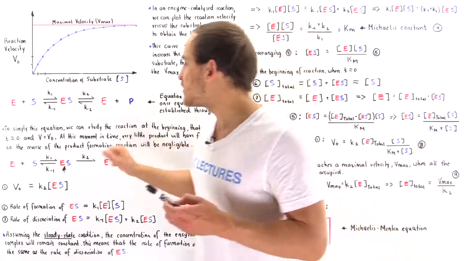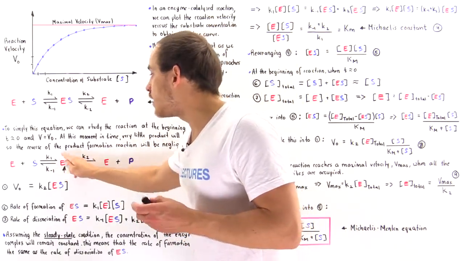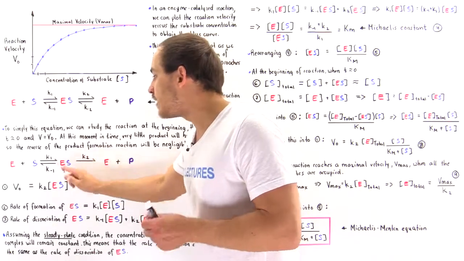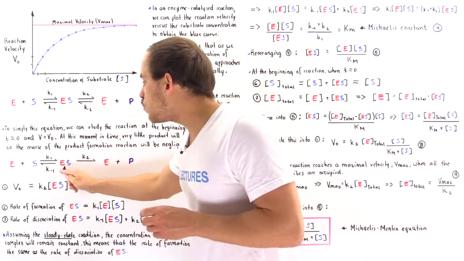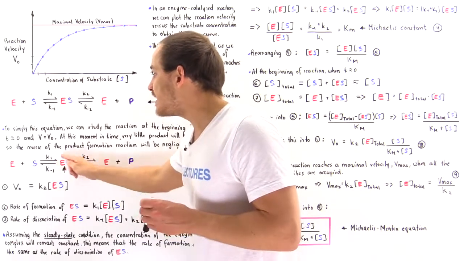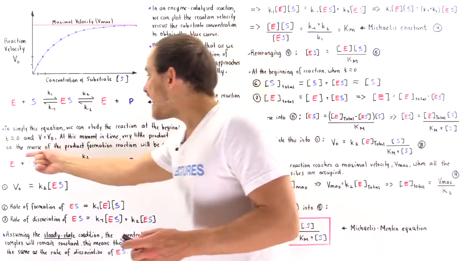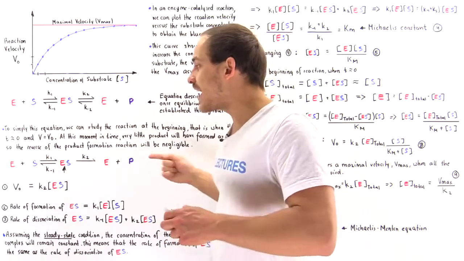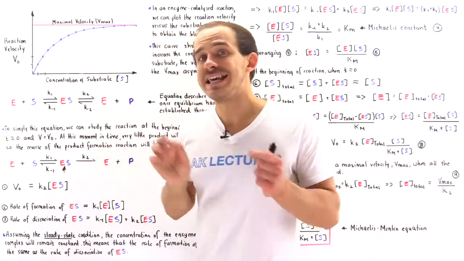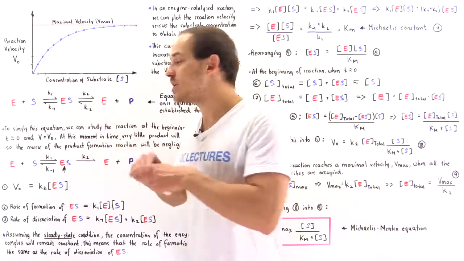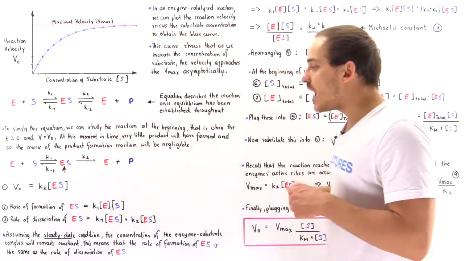So what that means is the concentration of the enzyme substrate complex is not changing. And what that implies is the only way that this concentration is not changing is if the formation of the enzyme substrate complex is equal to the dissociation of that enzyme substrate complex.